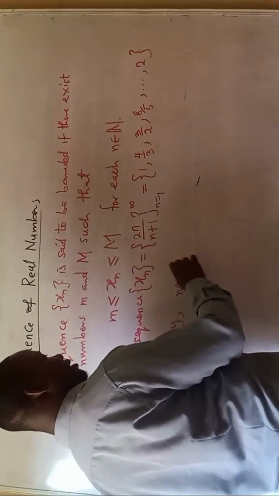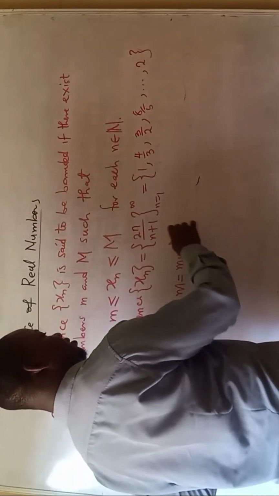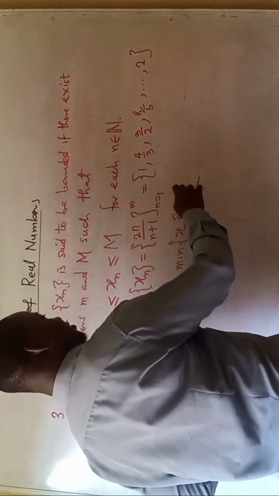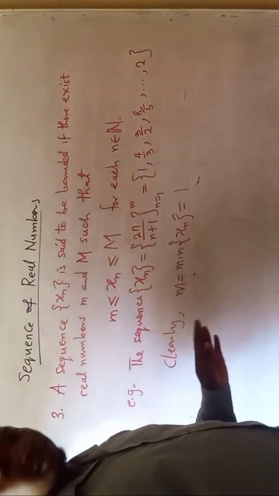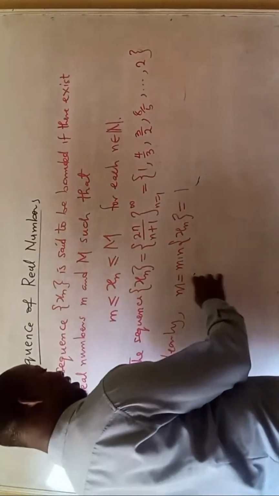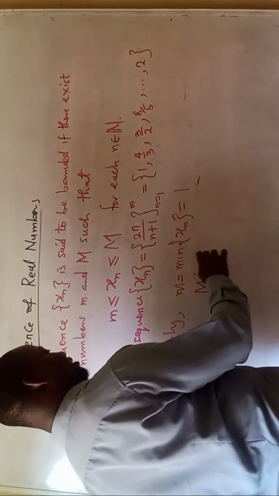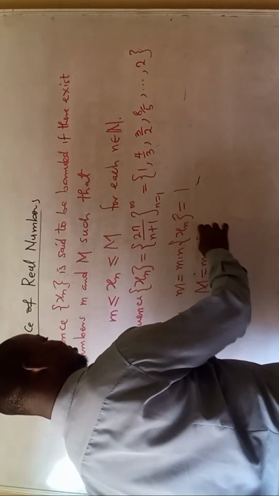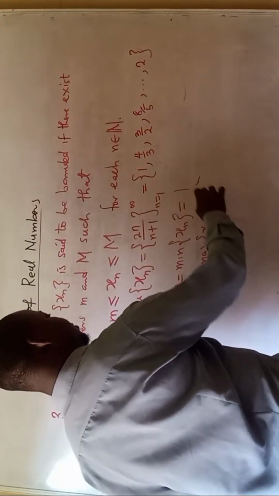Clearly, the minimum, which is the smallest term, is 1. And the maximum, capital M, is 2.